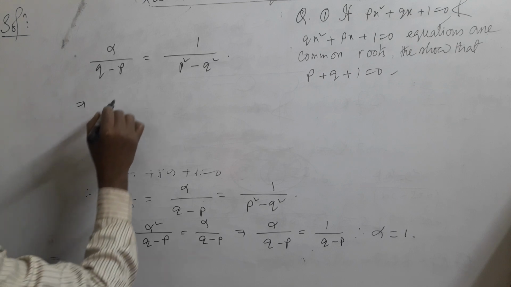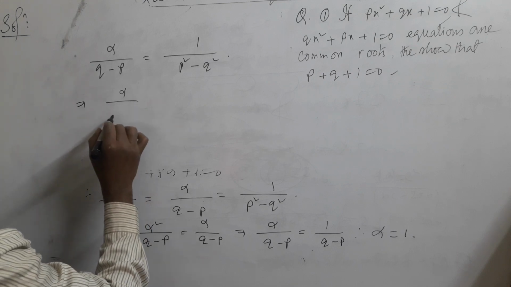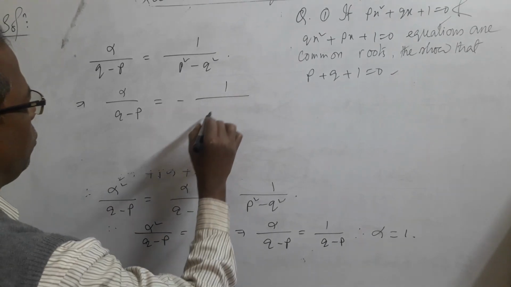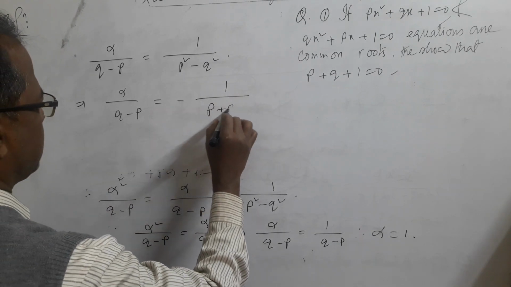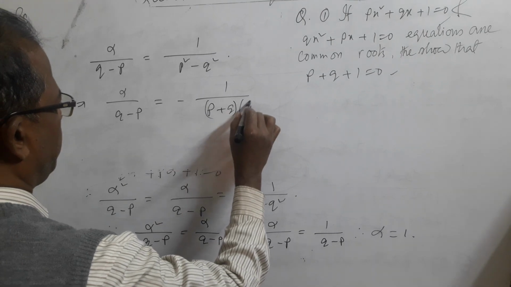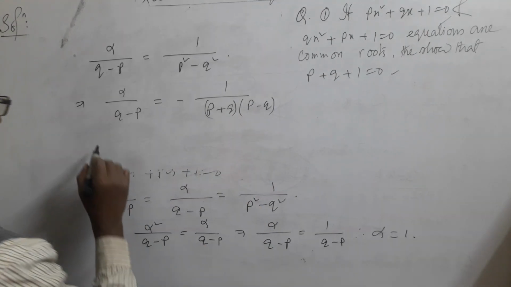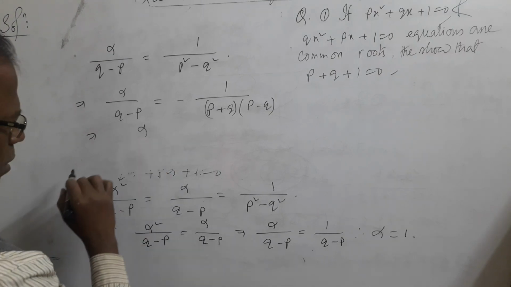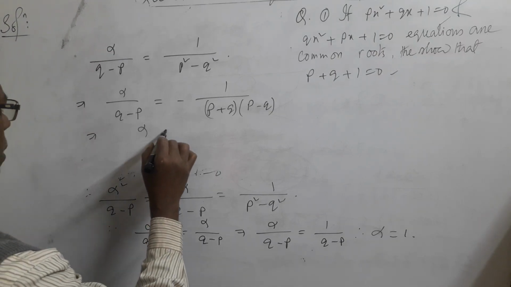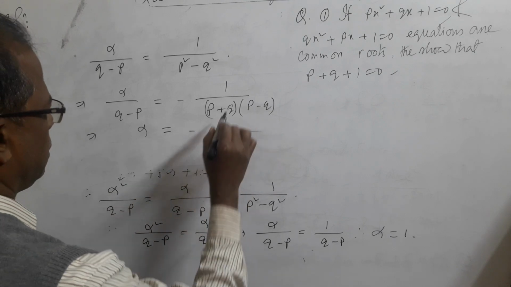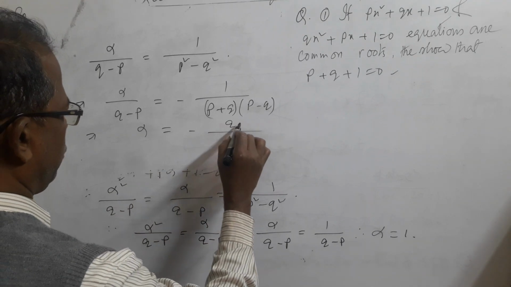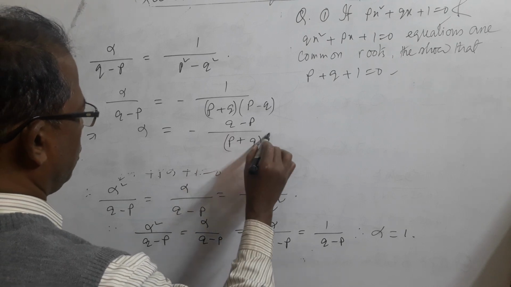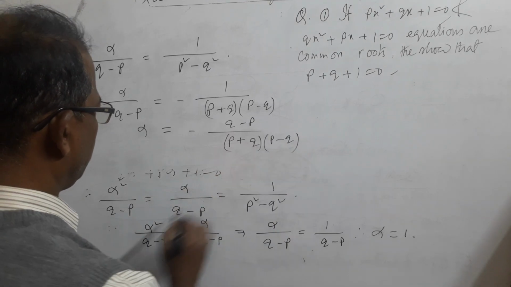That's why alpha divided by q minus p equal to minus 1 divided by p plus q into p minus q. So alpha equal to minus q minus p divided by p plus q into p minus q.